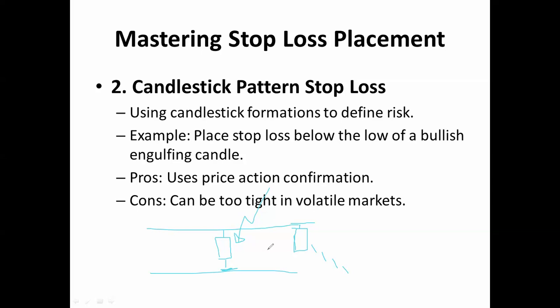So this also uses price as a confirmation. That is a pro of this process. The con of it is that it can be too tight in volatile markets. So you can have a situation where after you've entered the sell here, price will go up first, take out your highs there, and then go down.